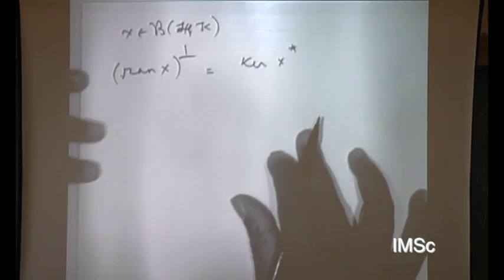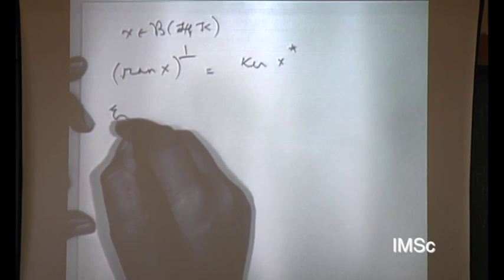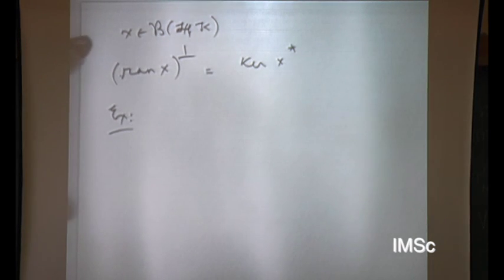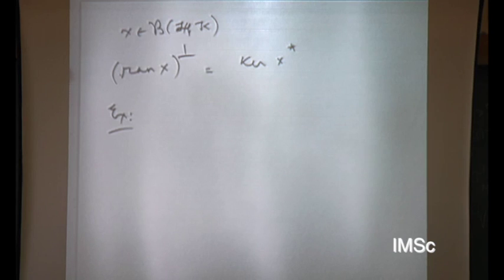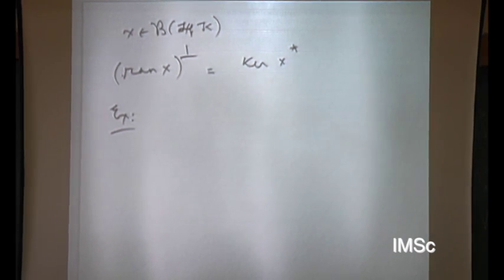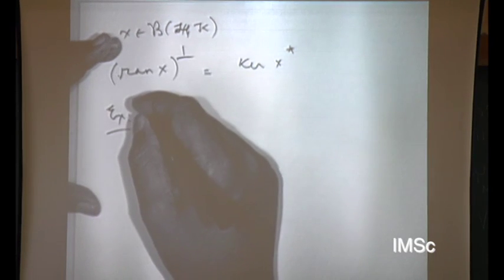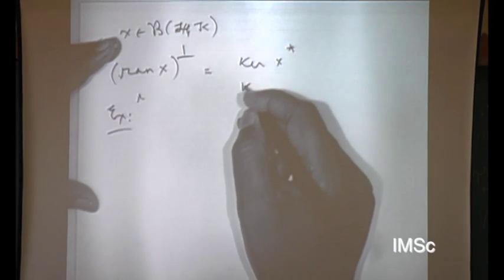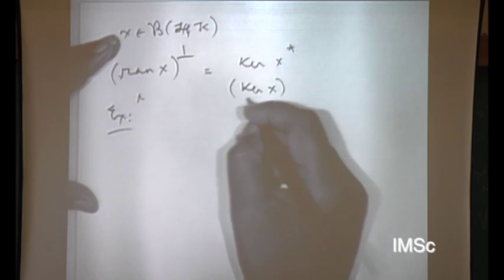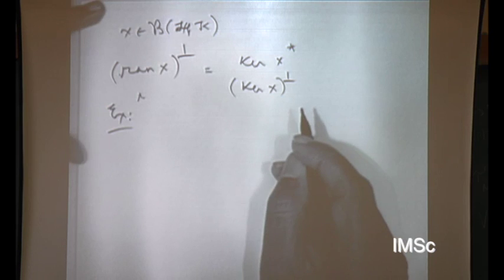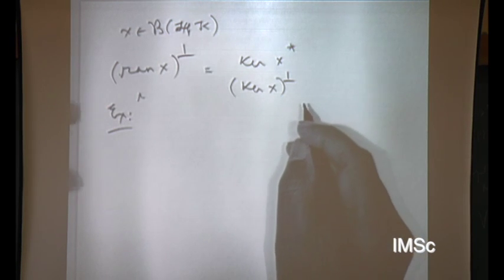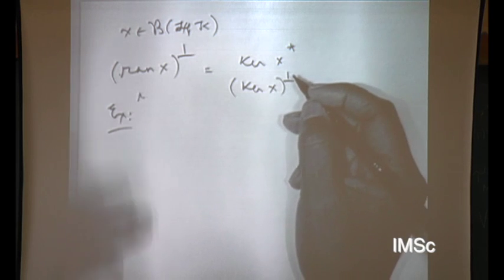Right? So a little exercise for you is now to see that, or you can also write the other way, if you take the kernel of x star, I should say, let me swap x and x star.